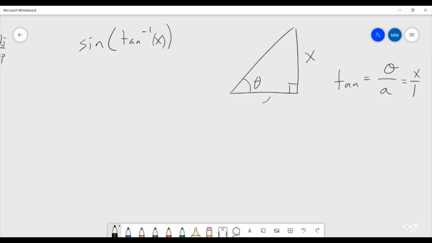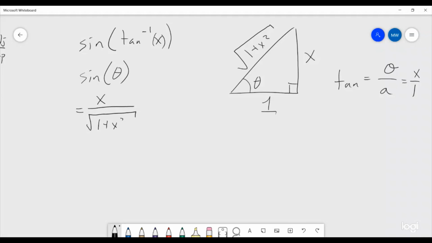This side is x, this side is 1. That tells us the hypotenuse is going to be the square root of 1 plus x squared. Well, we are now looking at sine of theta. Sine is opposite over hypotenuse, so this is going to be equal to opposite x over hypotenuse square root of 1 plus x squared. So these are how we can combine these different functions in different ways.